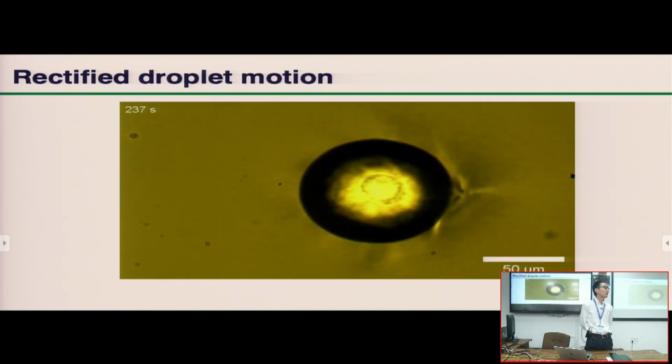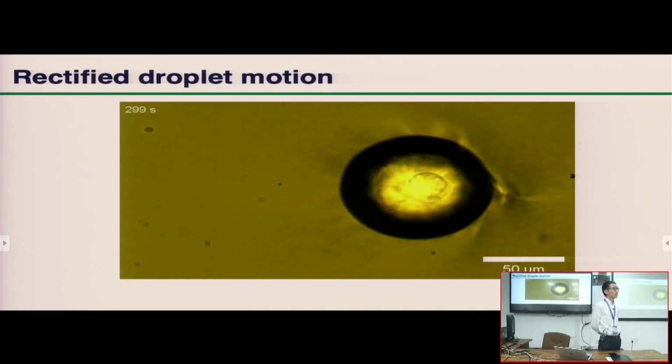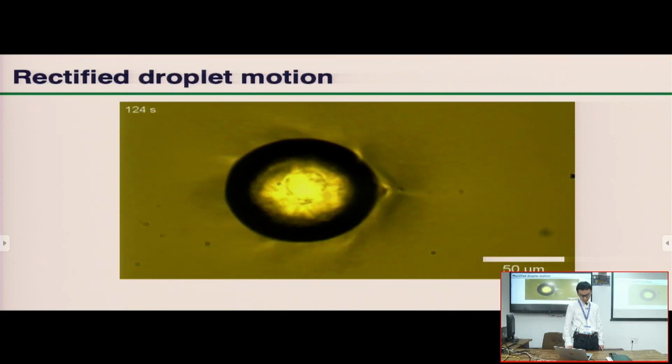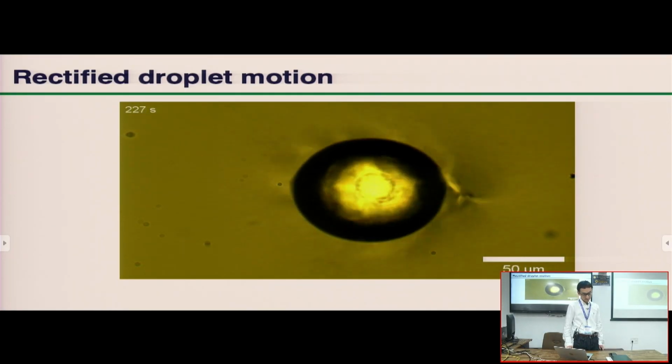So you can control motion of active particles by changing its environment. Okay, so in this case, you change the direction. Technically, you could realize for every particle to go in a certain direction.